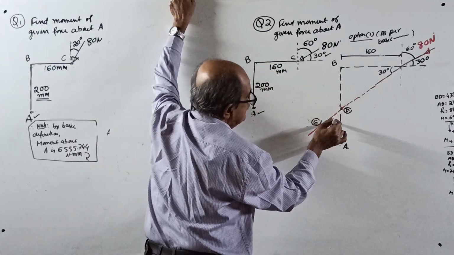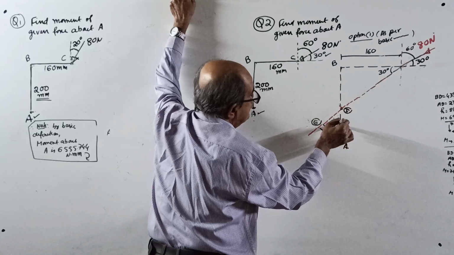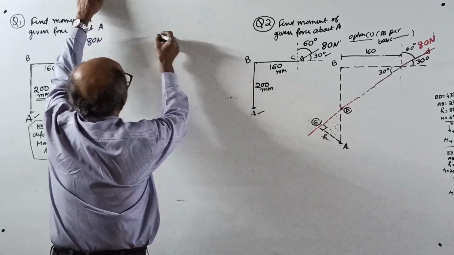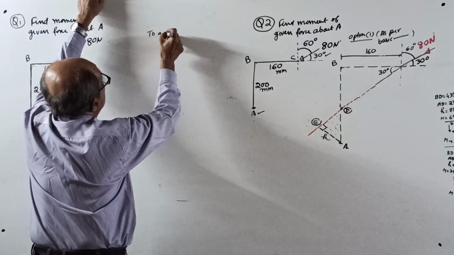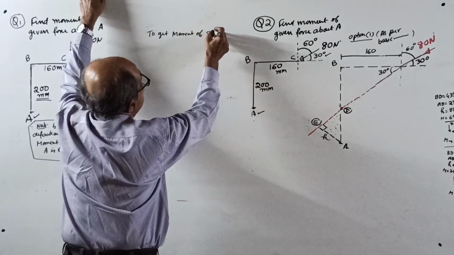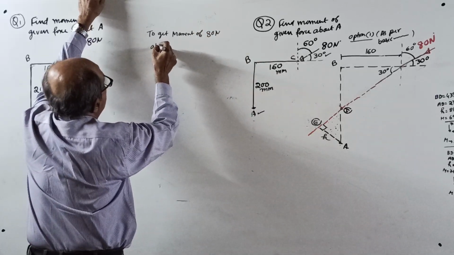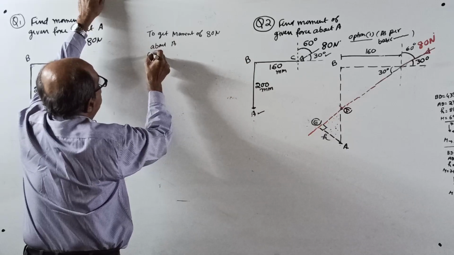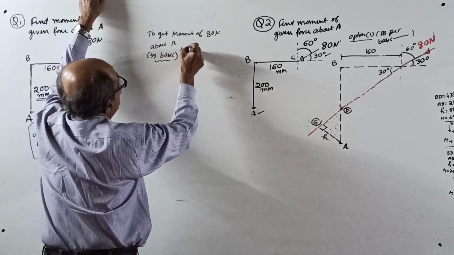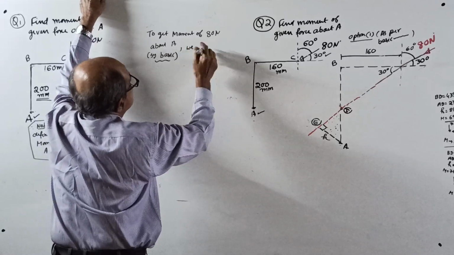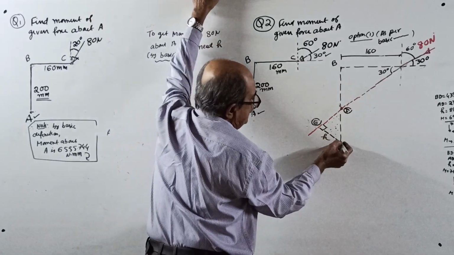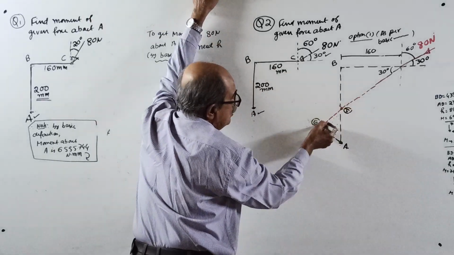Consider this triangle. Now, to get the moment of the 80 Newton force about A by basic definition, we need H. H is the perpendicular from A to the line of action of the force.